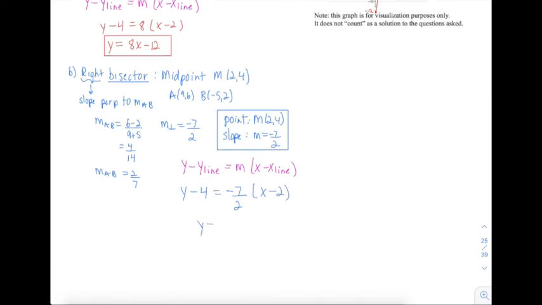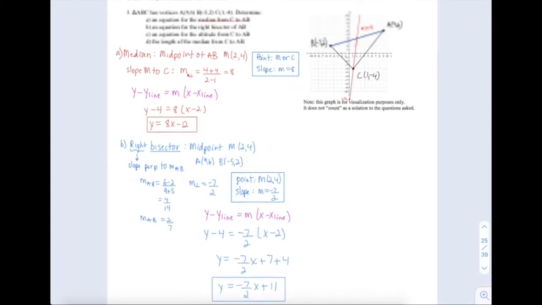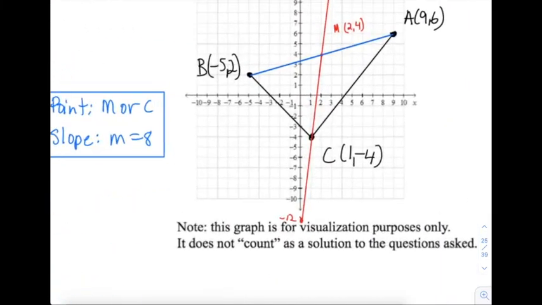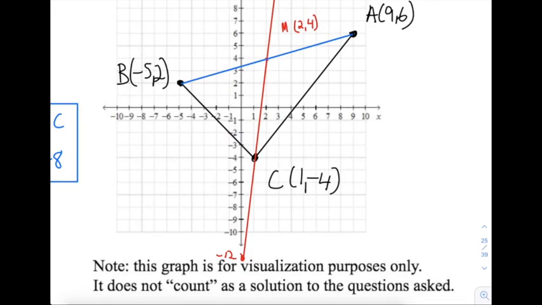So y equals negative 7 over 2 x plus 7 plus 4. y equals negative 7 over 2 x plus 11. I forgot to graph it in, so let's graph it. Negative 7 over 2: 1, 2, 3, 4, 5, 6, 7, 1, 2. Yeah, that looks perpendicular.